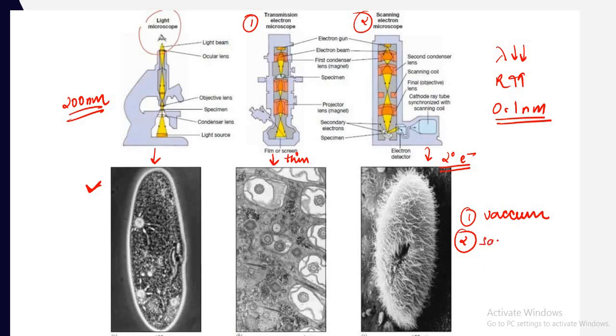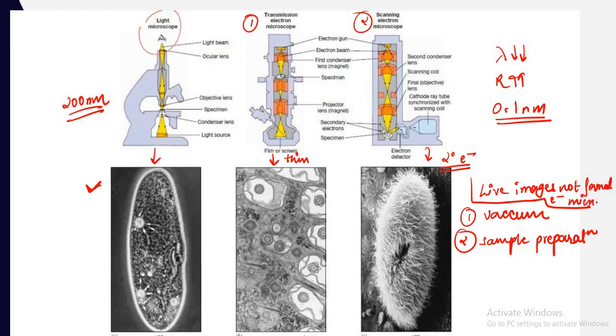So sample preparation is the second main reason why live images are not formed in electron microscopes. So you can remember two reasons.